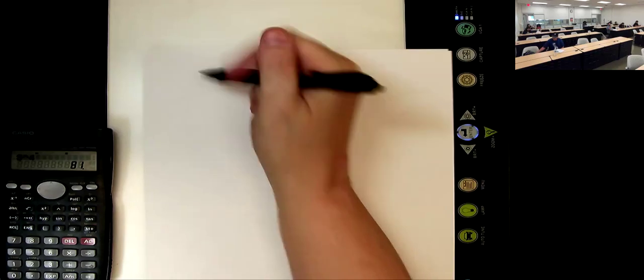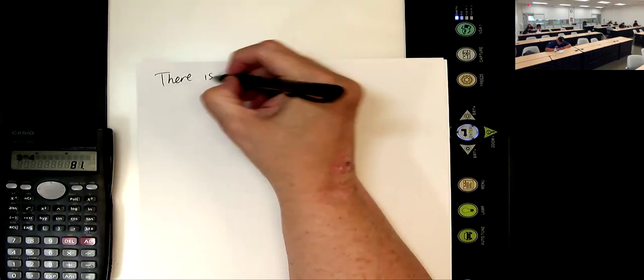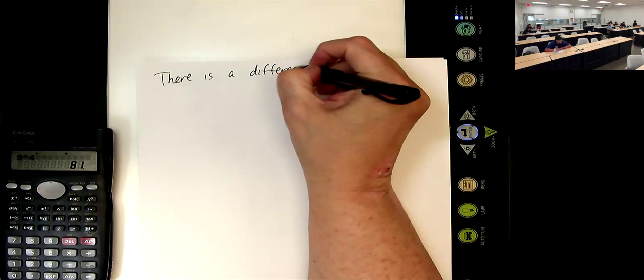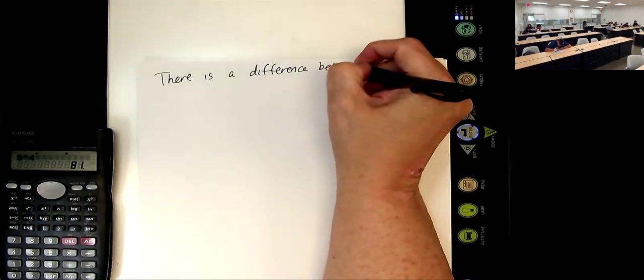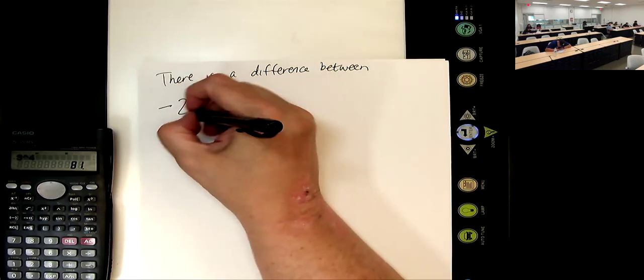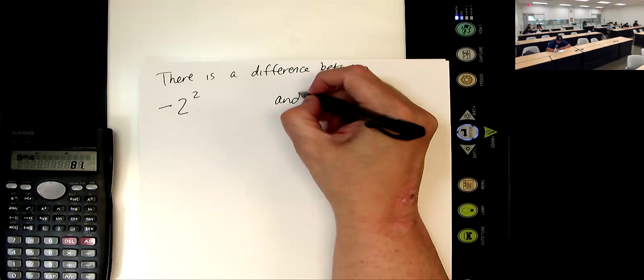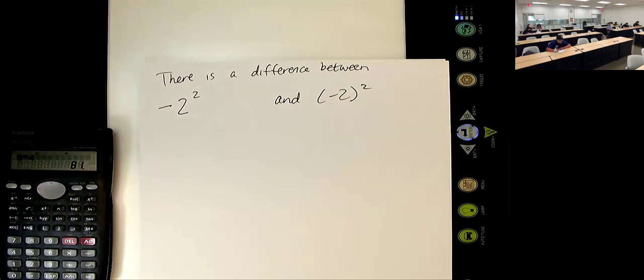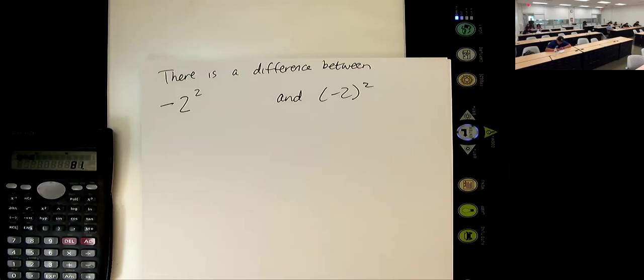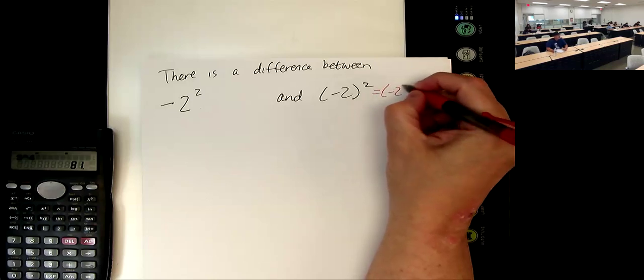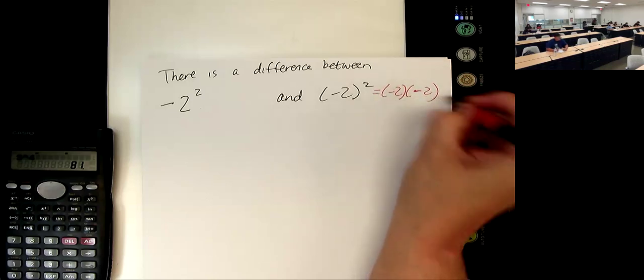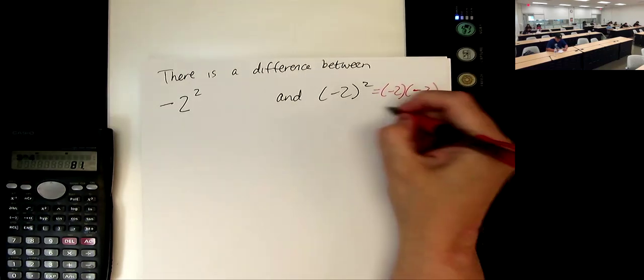There is a difference between -2 squared like that, and -2 squared like that. This one is -2 times -2, which equals +4.